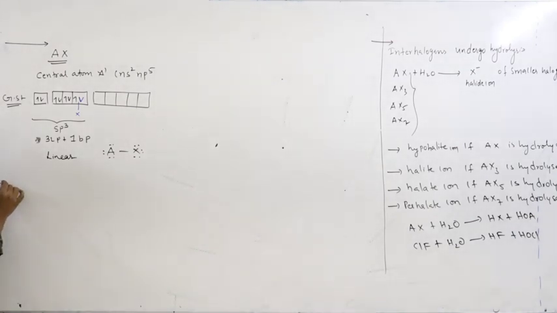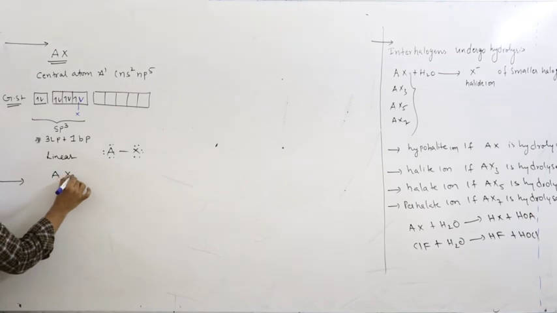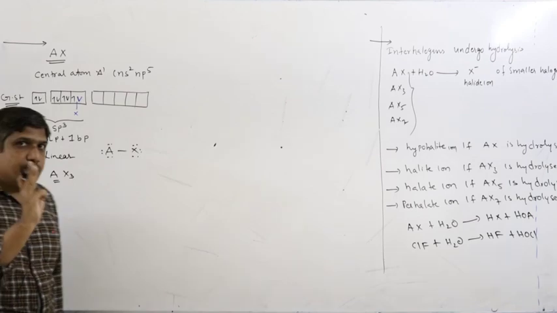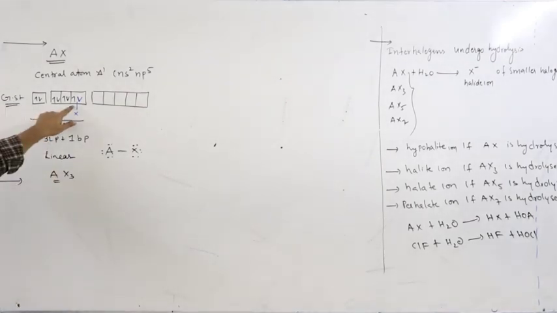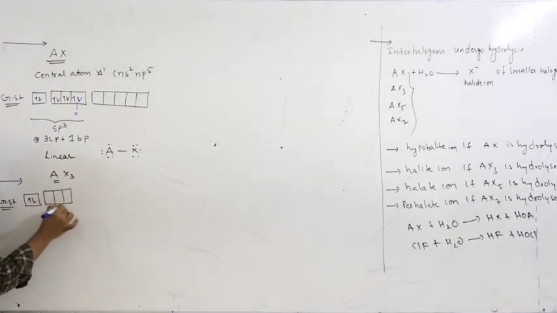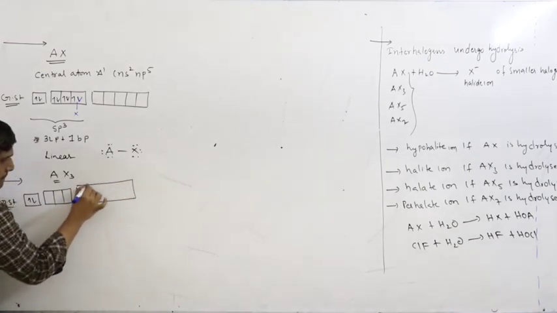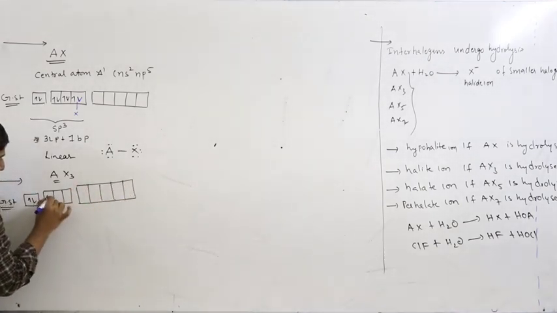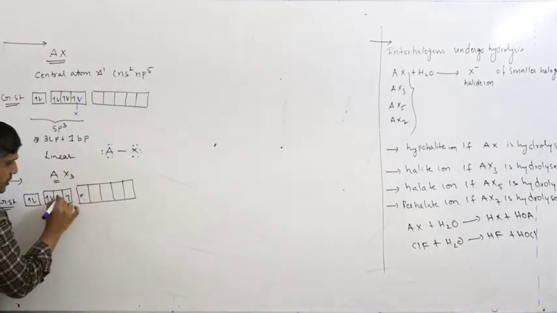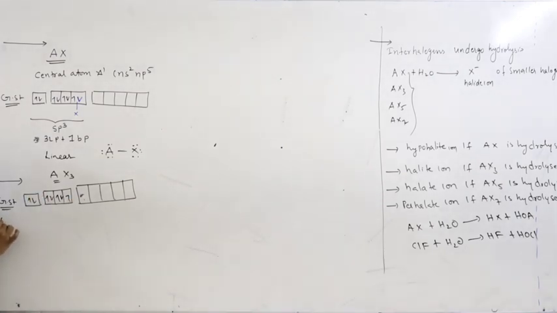Coming to the bonding and hybridization of AX3. A is the central atom. With 3 halogens, you require 3 unpaired electrons. In the ground state, it has only 1 unpaired electron. So you have to go for the first excited state. Sorry, I would like to write the ground state, then I will go for the first excited state now.